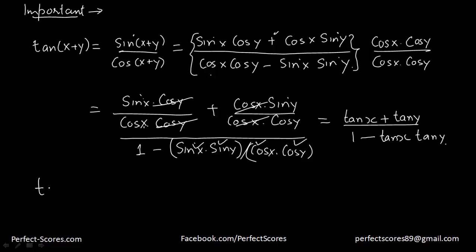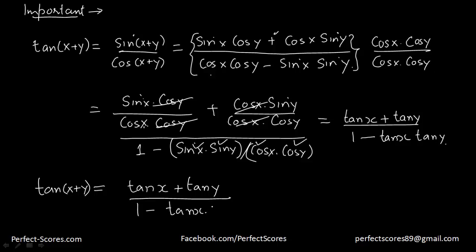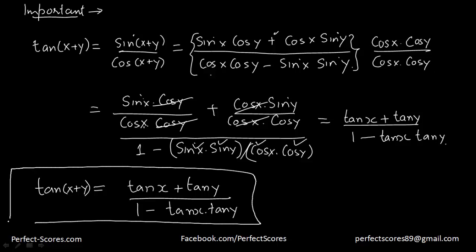Which means tangent of x plus y is equal to tangent of x plus tangent of y divided by 1 minus tangent of x into tangent of y. This is again a very important expression that you have to know.